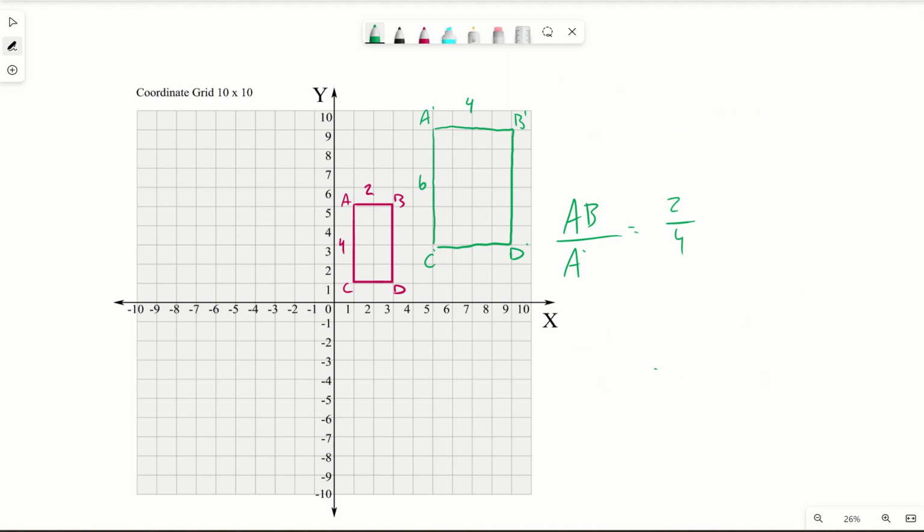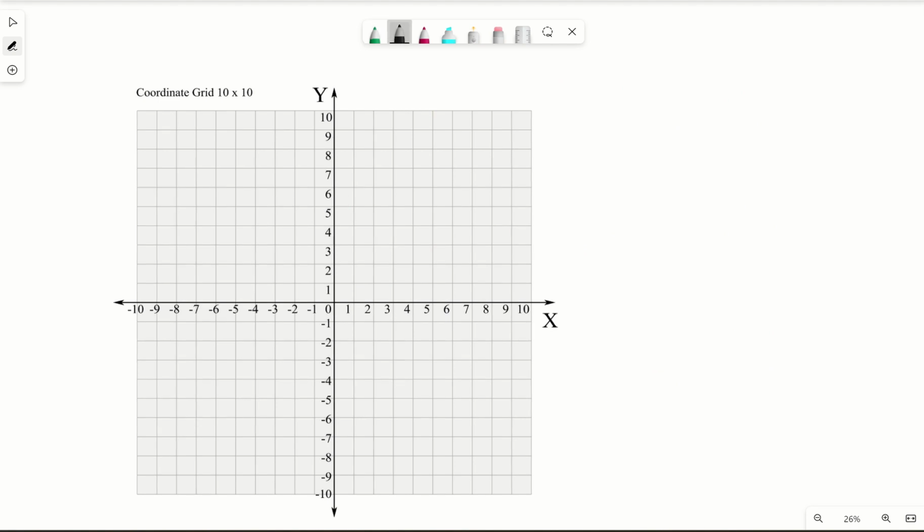Now, if I wanted to dilate something, let's say I have this triangle here. We'll call this A, B, C. And I want to dilate by 2.